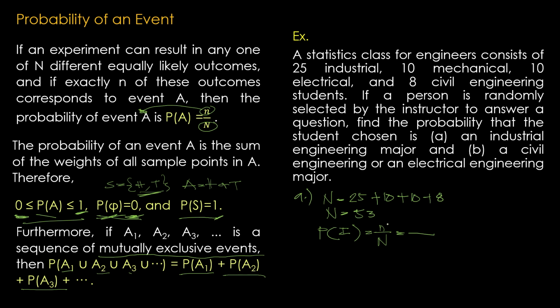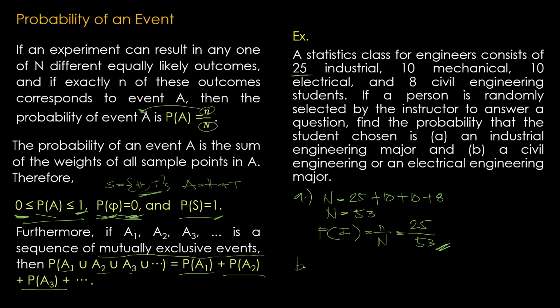So what is the probability of choosing an industrial engineering major student? Since there are 25 industrial engineering students, that would be 25 over 53. So that is now the probability of selecting an industrial engineering major student.